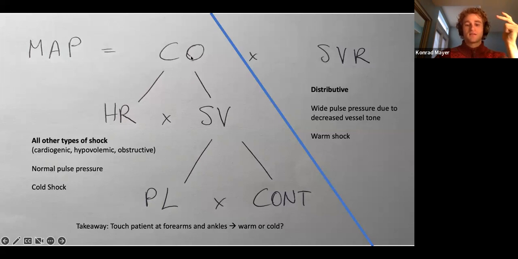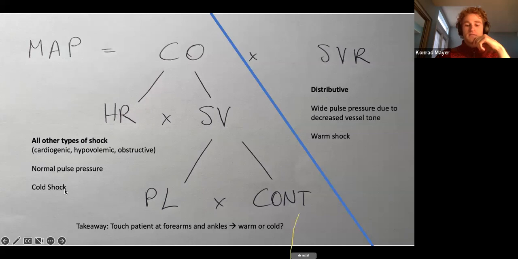Cardiac output is going to be low. So that means that systemic vascular resistance has to be high. So whenever cardiac output is low, systemic vascular resistance has to be high. This means that they will be cold. The patient will be cold.